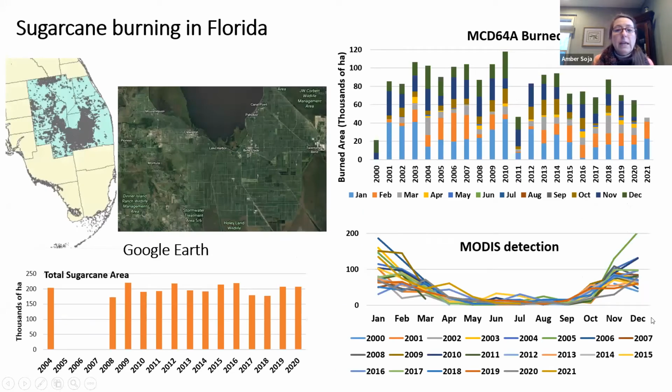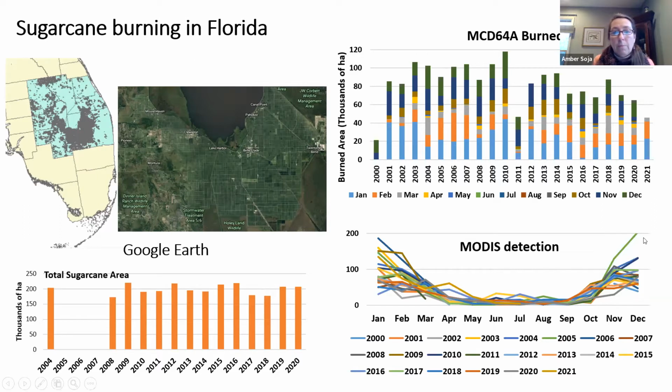So next, we have a little different story, the sugarcane burning in Florida. And that's because if we look at the MODIS burned area in the top panel, we can see that there are a lot of different months where sugarcane is burning, and the MODIS fire detections on the bottom panel. And it's about 5 months that we'll need to look at data for this particular fire regime.